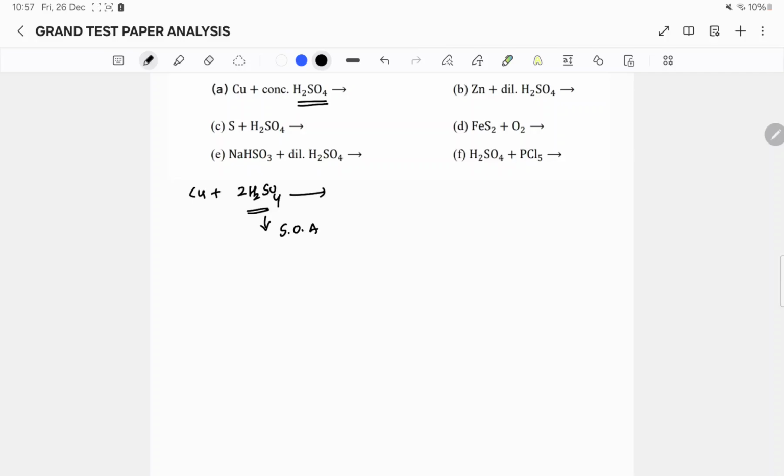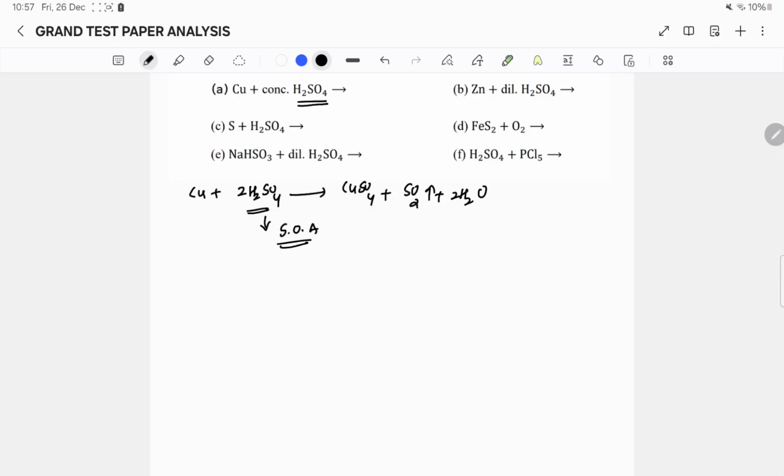It is a powerful oxidizing agent and it oxidizes copper to copper plus 2, and it will produce SO2 gas plus 2H2O as products.